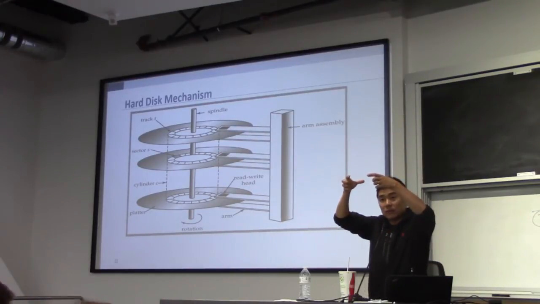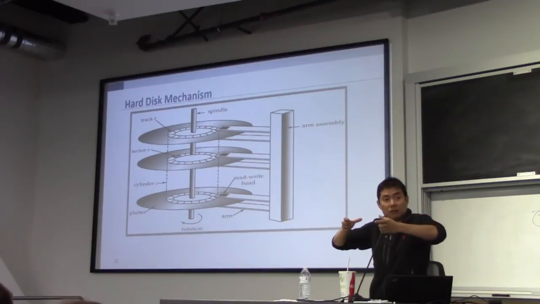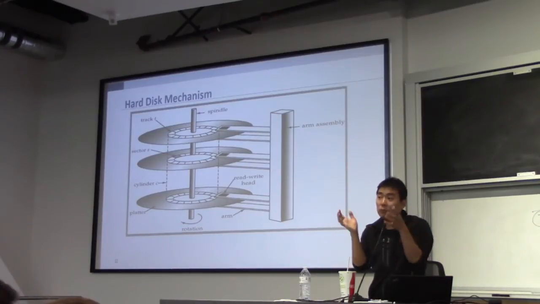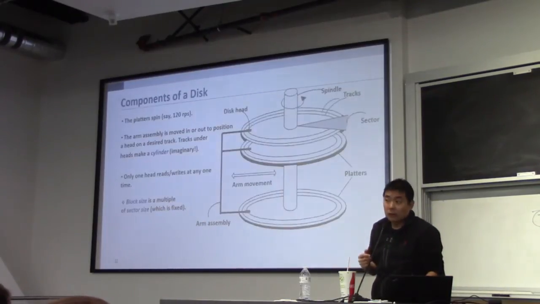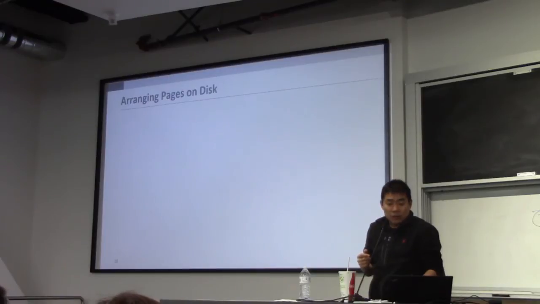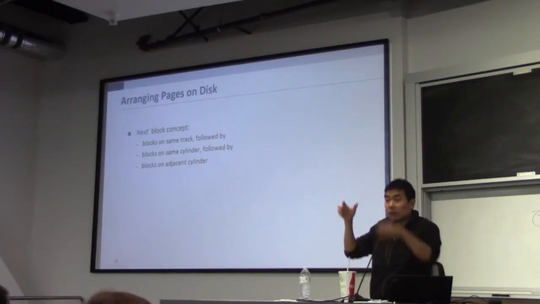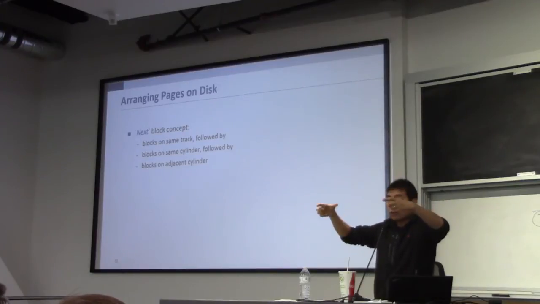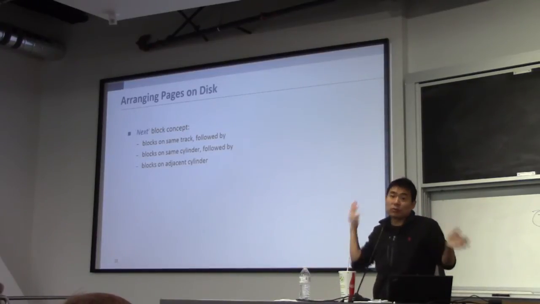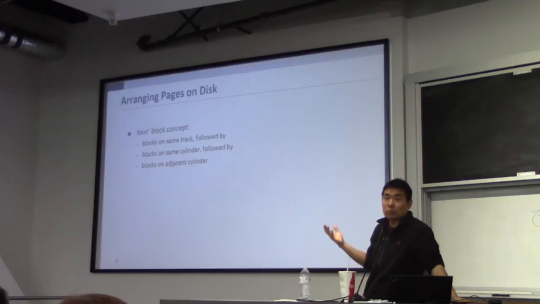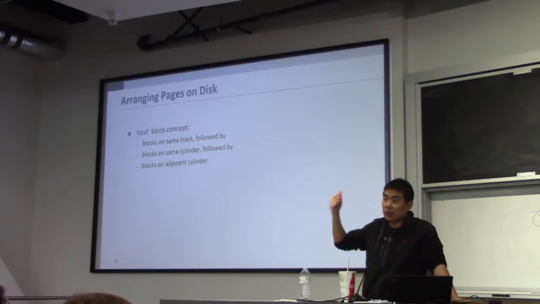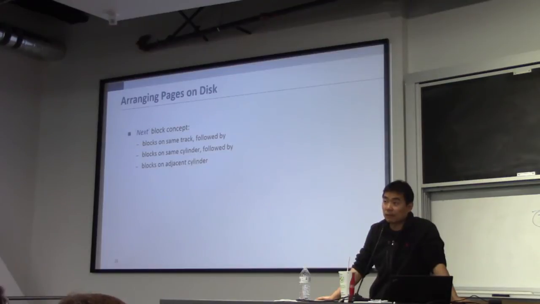So if you define the next block as coming from the next track of the same cylinder, you don't pay another seek time delay. You don't have to move your arm. When you run out of tracks on the same cylinder, now you move out to the next cylinder. If you read enough data sequentially, now you need to move your arm. Does that make sense? Okay.